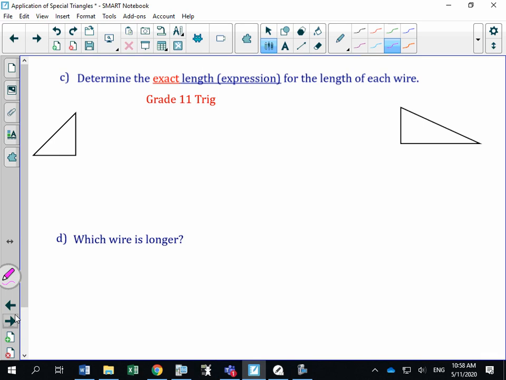Okay, whenever you see the word exact, what that means is no decimals. And in Math 20-1 or 30-1, that word exact is your big hint that we need to use special triangles.